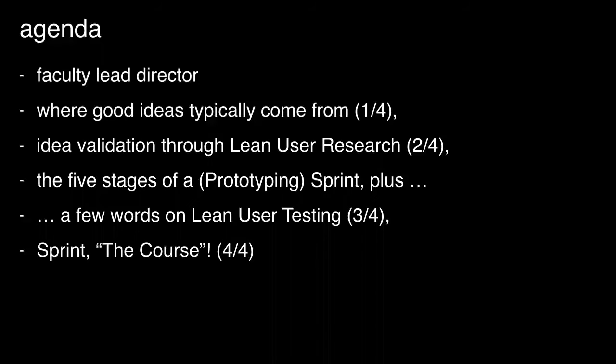Sprint is a methodology developed at Google Ventures, and I had the pleasure of collaborating with them on the writing of the book that was launched back in March. I'll talk about that in a second. And I'll give you some broad overviews of the course that we have set up for you. So hopefully these topics will be of interest to you in general.